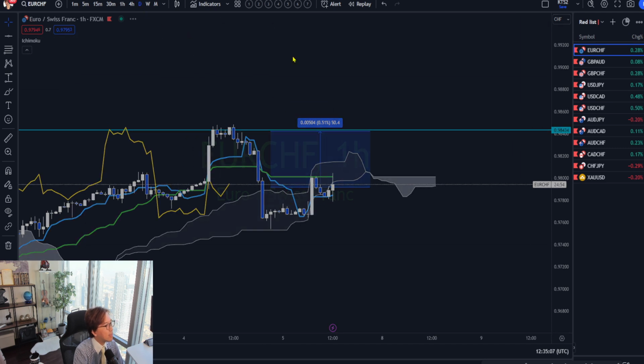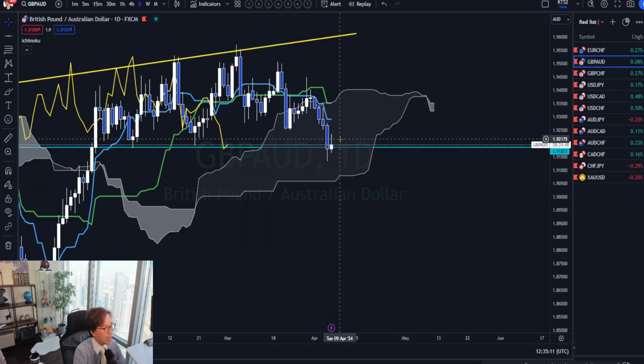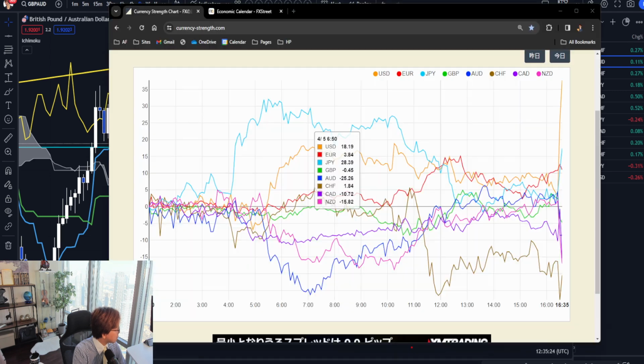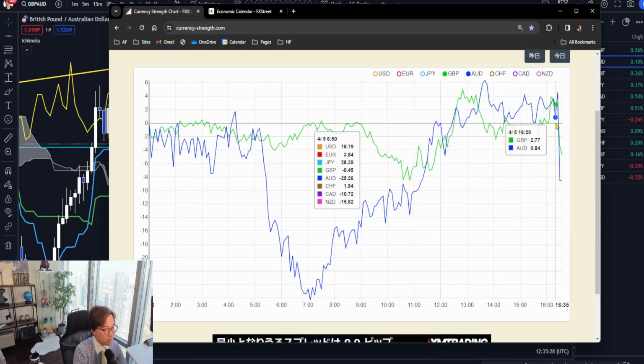Okay, and let me also check pound AUD. Pound AUD has been bearish, and I said to wait for the break of the support. But it looks like the support breakout didn't happen. Pound was sold, AUD was sold too.